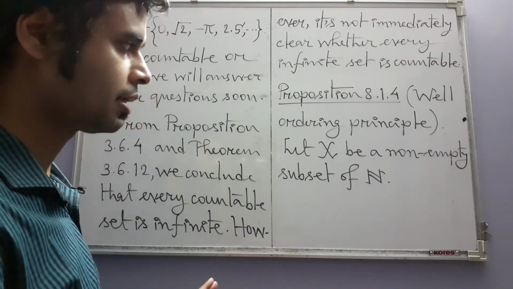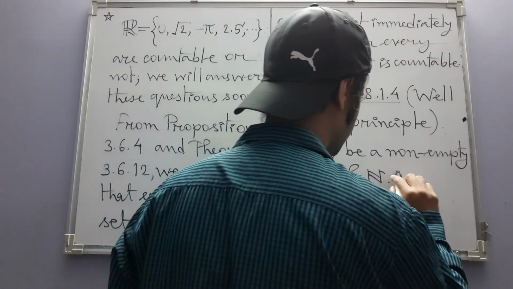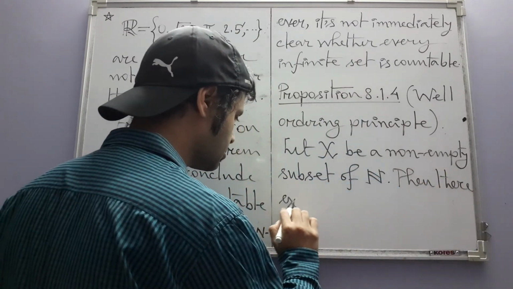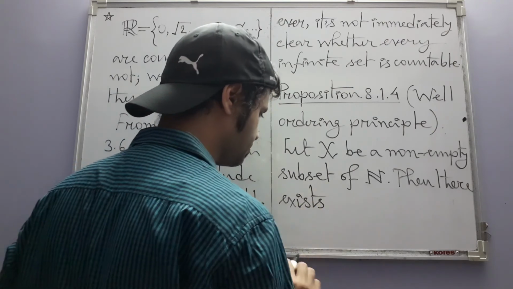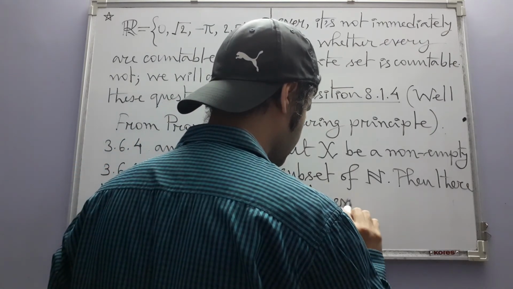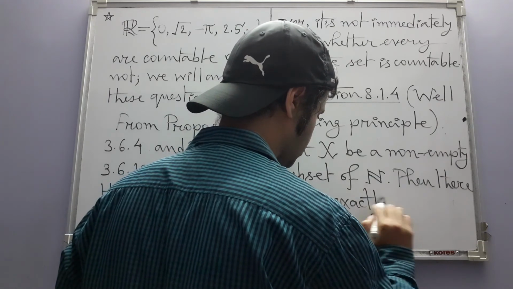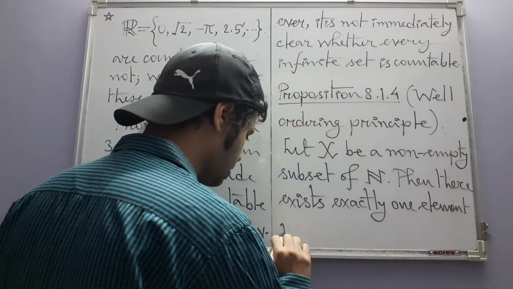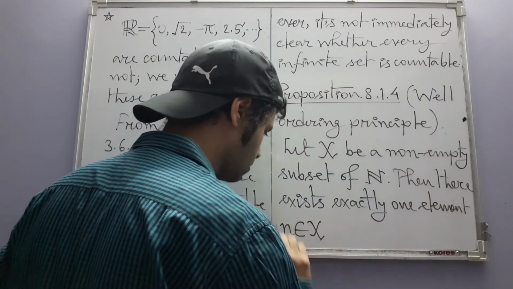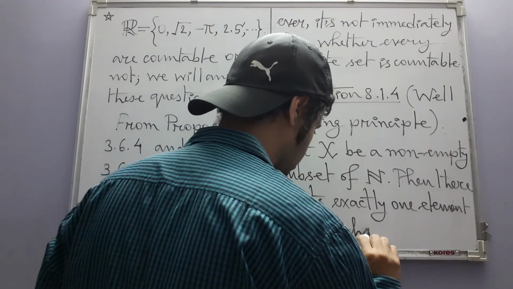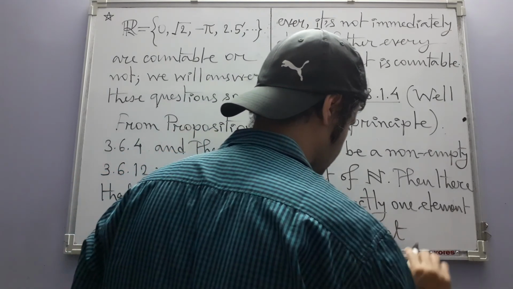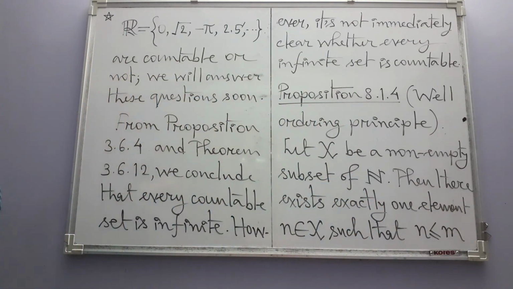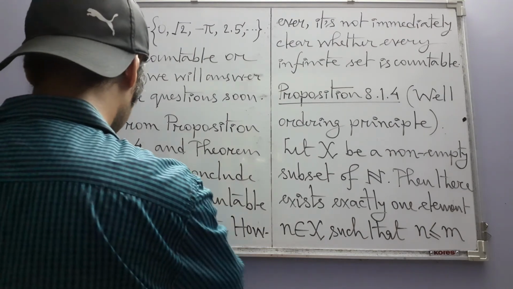There is at least one natural number in X. Then there exists exactly one element n in X such that n is less than or equal to m for every element m in X.